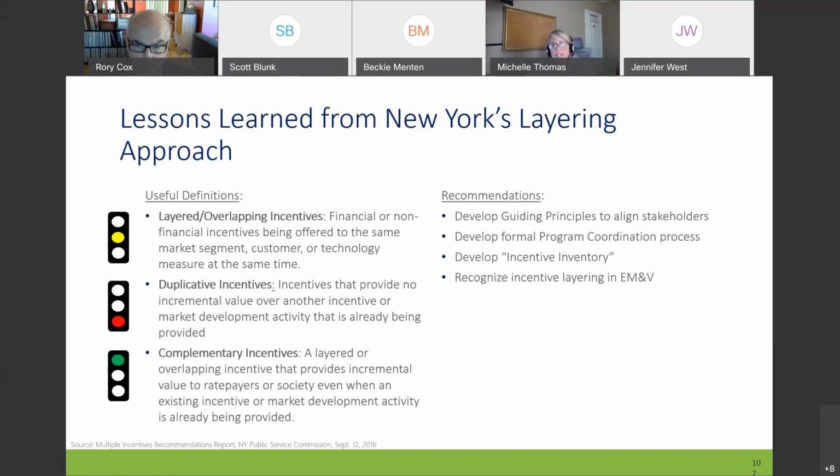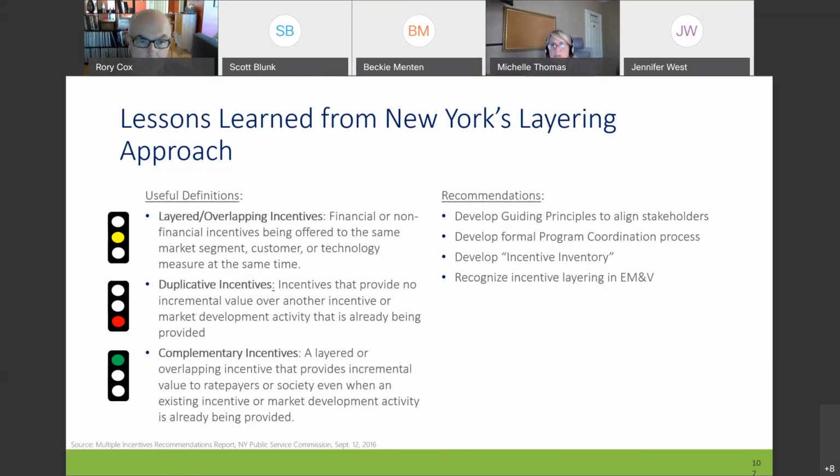And then some of the recommendations that came out of their report: guiding principles to align the stakeholders, developing broad guiding principles for the PAs to use as they collaborate and coordinate to ensure that layered incentives are complementary and not duplicative, not double dipping. Ensure coordination occurs throughout the various program and portfolio planning process. It has to be an ongoing process. It can't be intermittent.